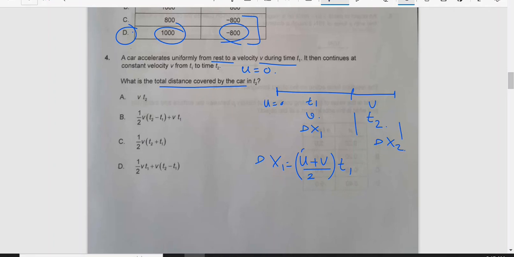I start from 0 initial and v, so it will be half v times t1. Now, delta x, or we can call it s, since they don't use delta. This is s1 and s2.